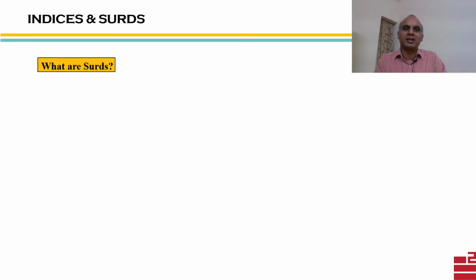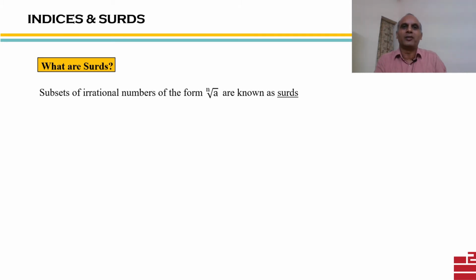Surds are nothing but types of irrational numbers. These are those type of irrational numbers which can be written in the form of nth root of a, where a must be a rational number. For example, cube root of 5. It is a surd, which you can also write as 5 to the power 1 by 3.